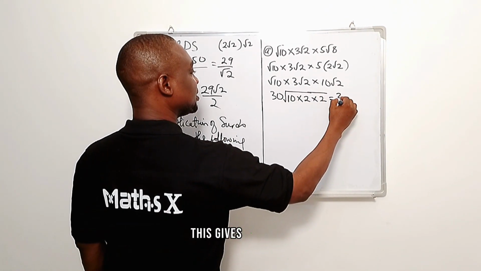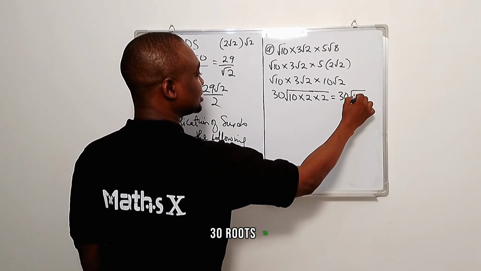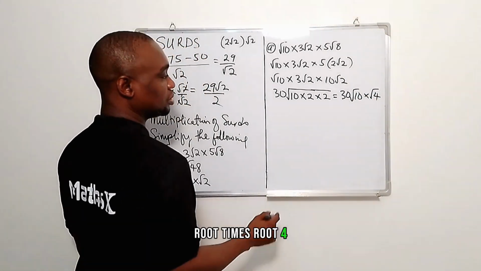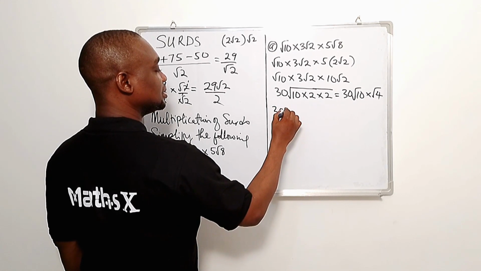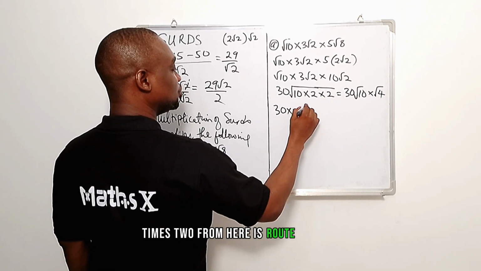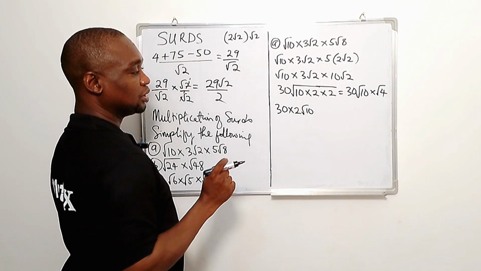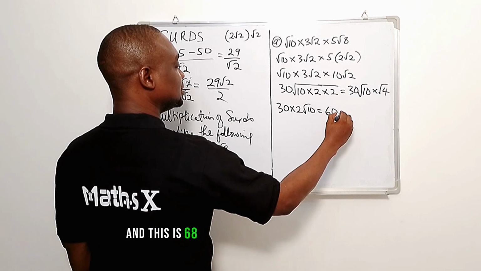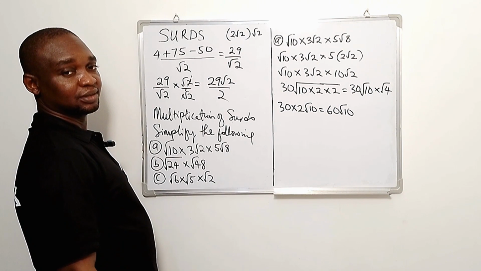This gives 30 root 10 times root 4. This is familiar, I'm sure. So this will be 30 times 2 from here, root 10. Square root of 4 is 2. So 30 times 2 root 10. And this is 60 root 10 as your final answer.